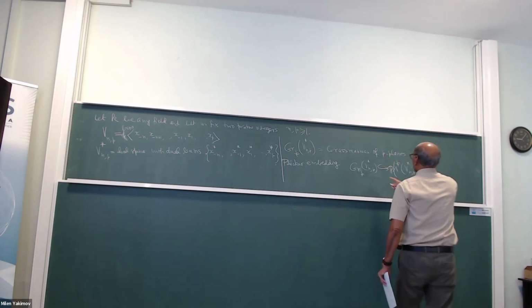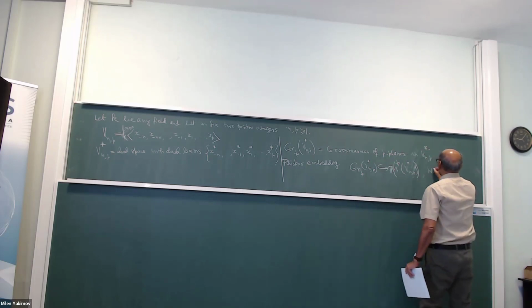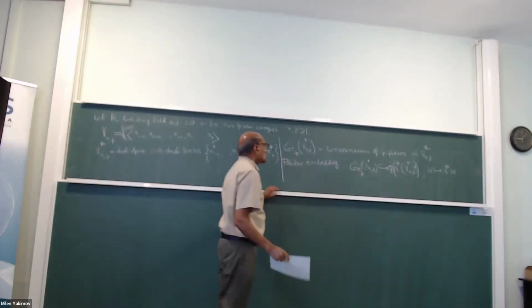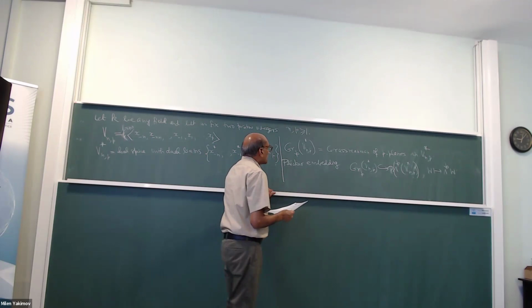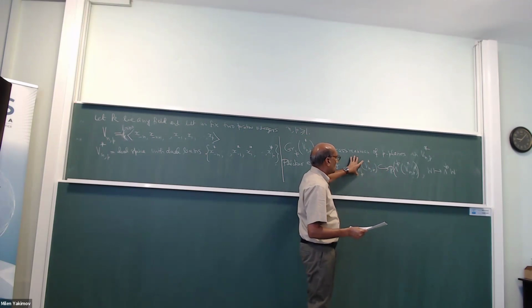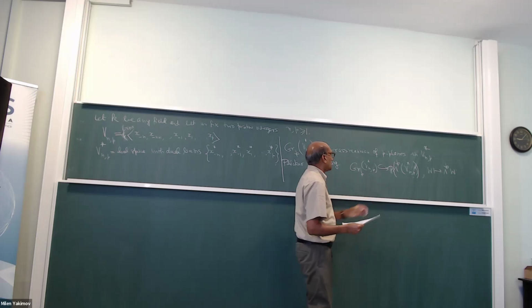It takes any vector space W and maps it to the projectivization of its exterior power. So this is a projective embedding, and this makes this object into a smooth projective variety.